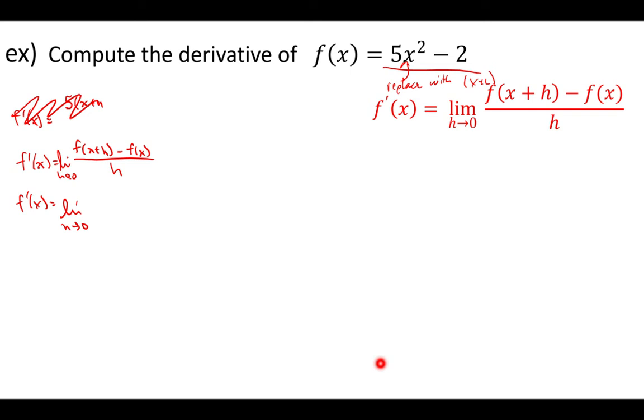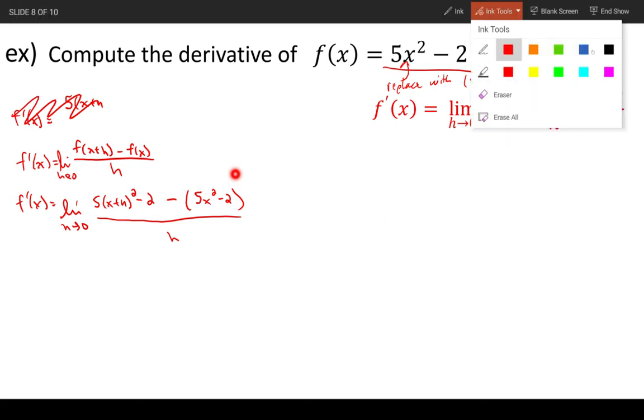I know it gets a little tedious writing it, but if you can remember to write it for each step, that's a good thing. It's 5 times x plus h squared minus 2. So that's my f of x plus h. And then minus, parenthesis, the original function, 5x squared minus 2, over h. So it looks very similar, except this time we've got x's mixed in there as well.